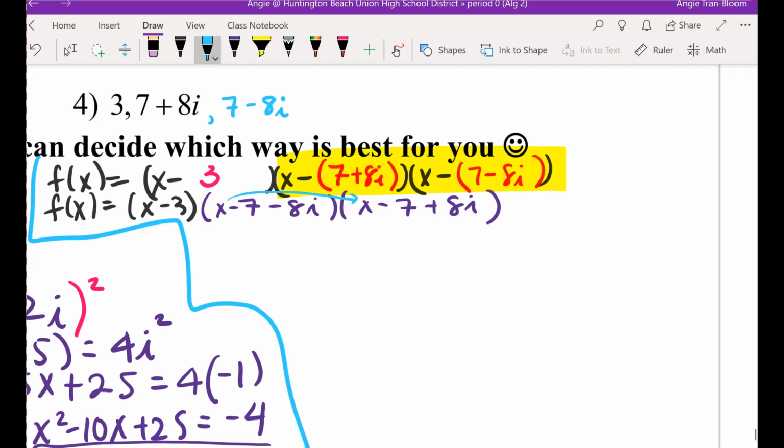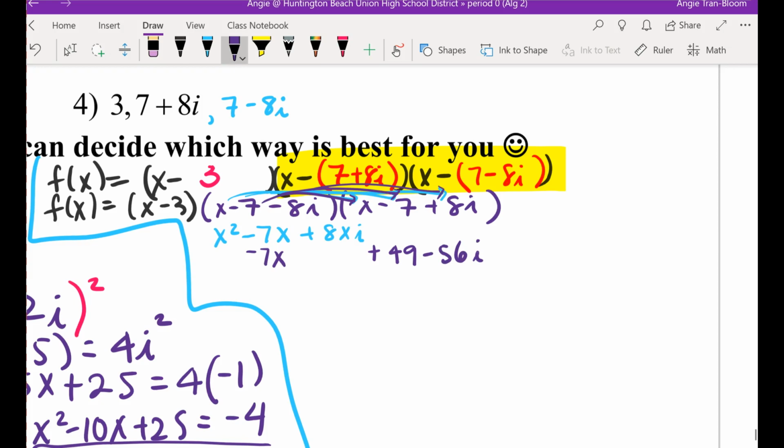X times x is what? X squared. X times negative 7 is negative 7x. X times positive 8i is positive 8xi, or 8ix. It's not important whether it's xi or ix. Next, you have negative 7. Negative 7 times x is negative 7x. Negative 7 times negative 7 is positive 49. Negative 7 times a positive 8i is a negative what? 56i.